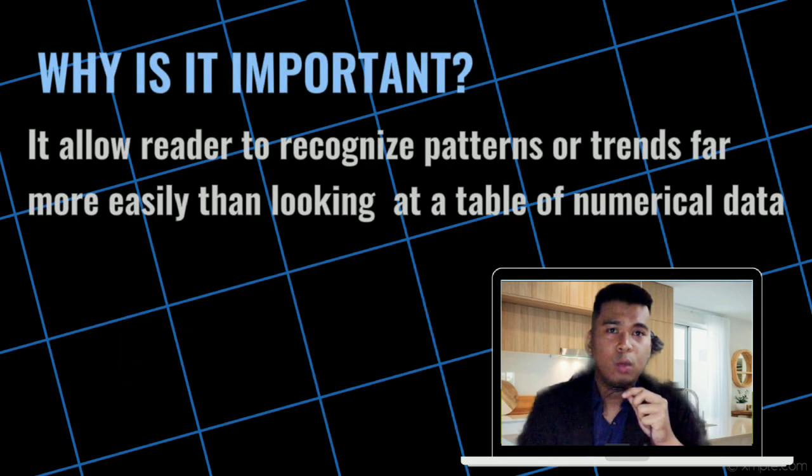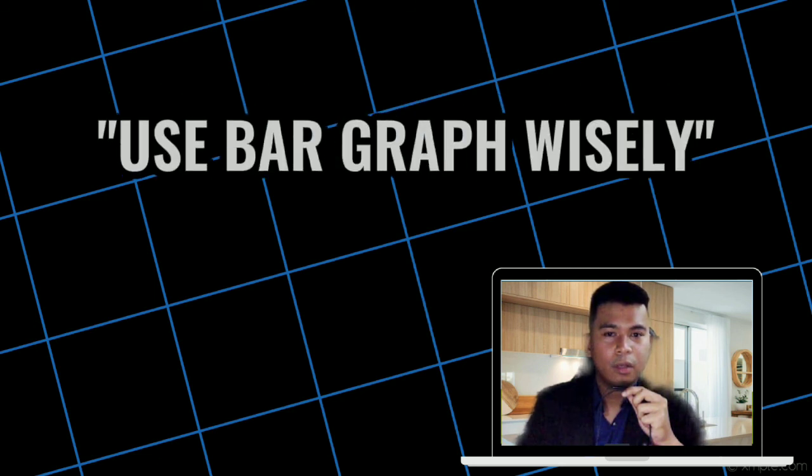Using bar graph is one way to let your reader, your audience, your viewer basically identify patterns and trends a lot easier than using a normal table with numeric data in it. Now, having said that, use bar graph wisely.